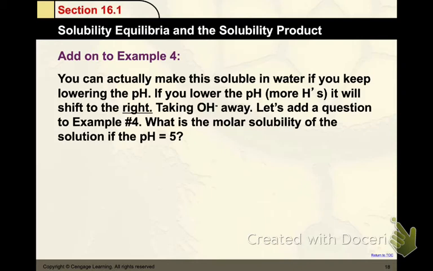So let's redo this question, but what if we're looking for the molar solubility of the Fe(OH)3, but now in a solution that's got a pH of 5?